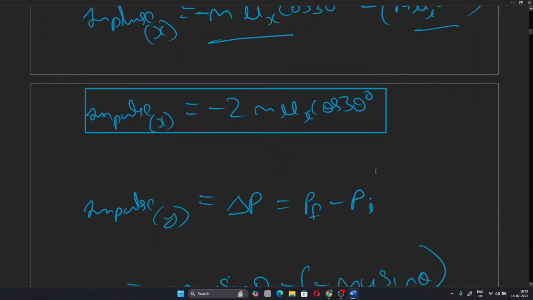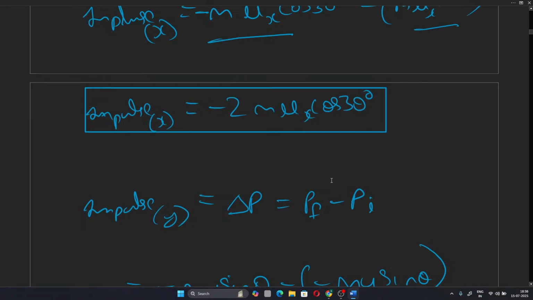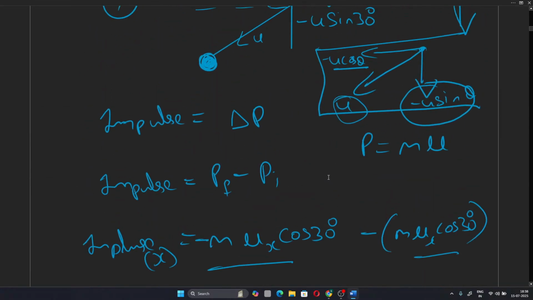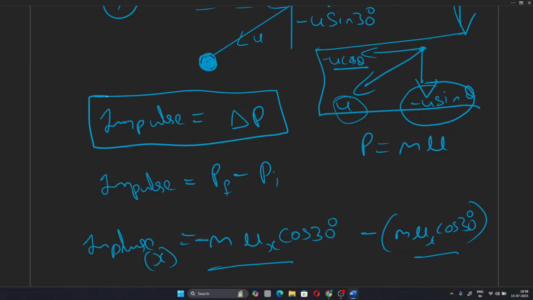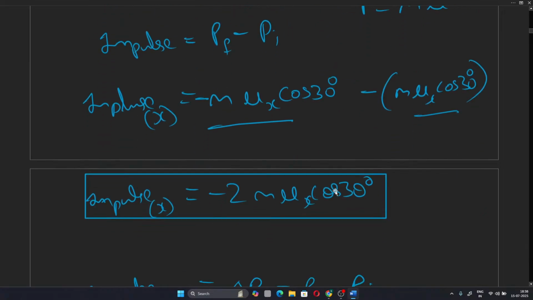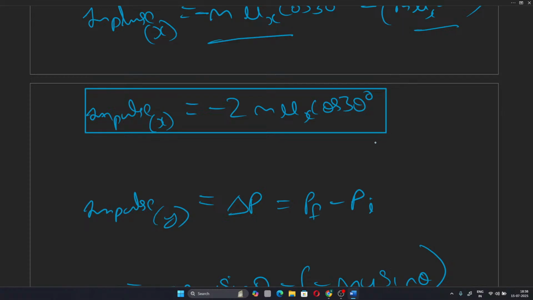And based on these values, I substituted in the impulse, which equals the change in momentum. This is the main equation, from the second law of motion. Based on this, the impulse in the x direction is minus 2 m u. We can write ux here, or normal u is enough. It is normal velocity. Since we wrote cos 30 degree here, there is no need to write ux.